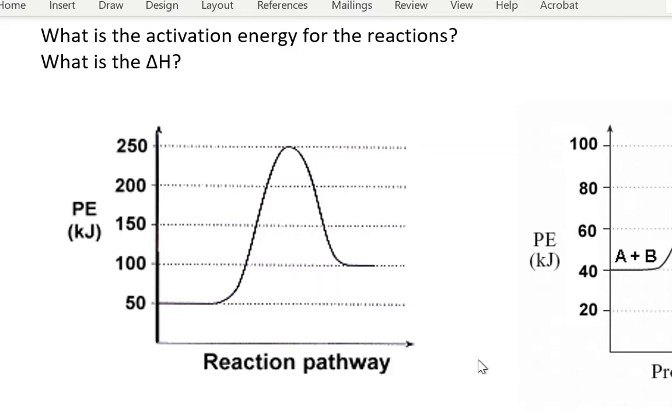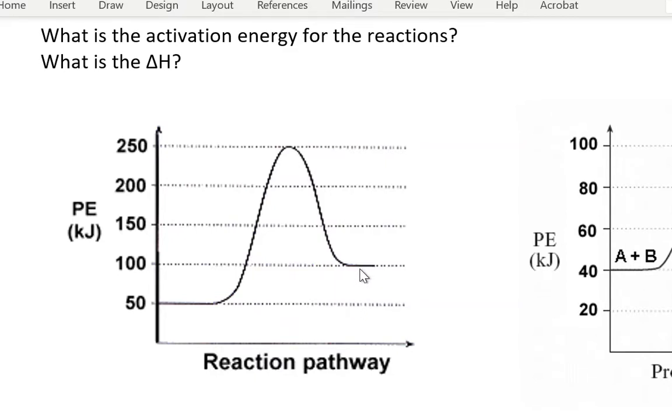So if we were to label this, this would be our reactants here. This is our activation energy, from here to there. And our delta H, our change in enthalpy, is from where we started up to there.